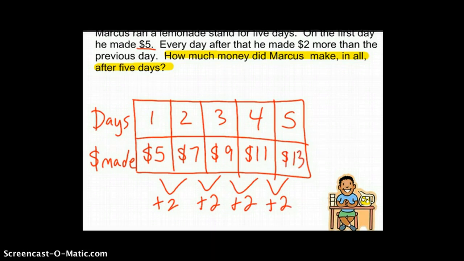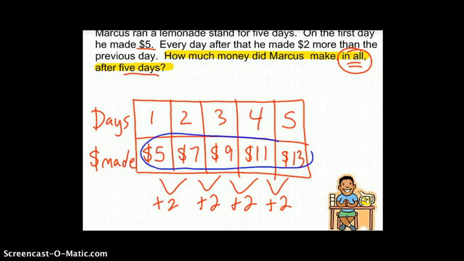Now this question is a little bit tricky because it's not asking how much money did he make on the 5th day. It's asking how much money did he make in all after the 5 days. So what we're going to need to do is take these amounts and add them up. Over here on the side, I'm going to take 13, 11, 9, 7, and 5.